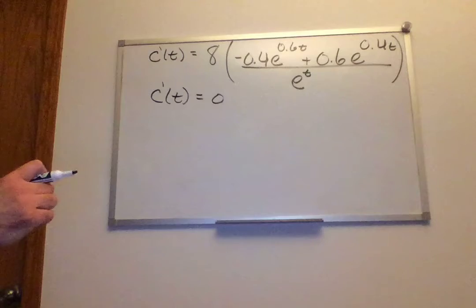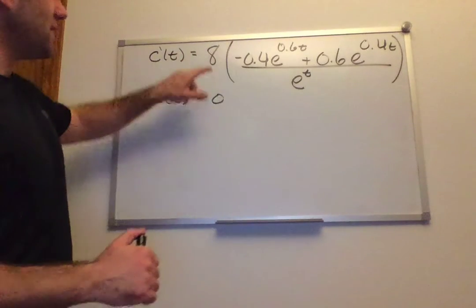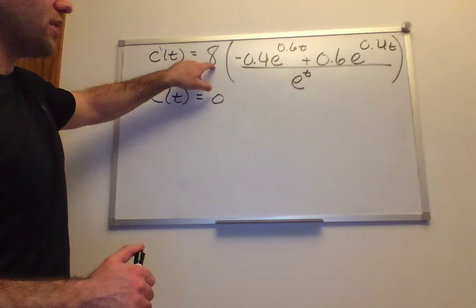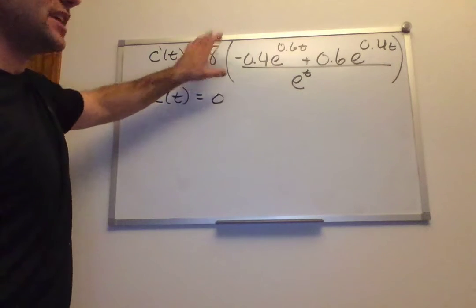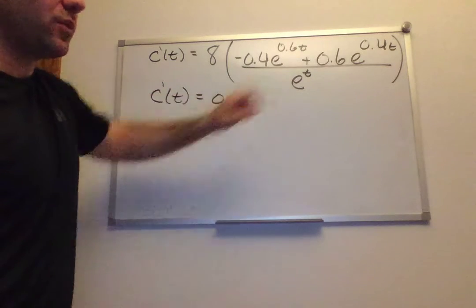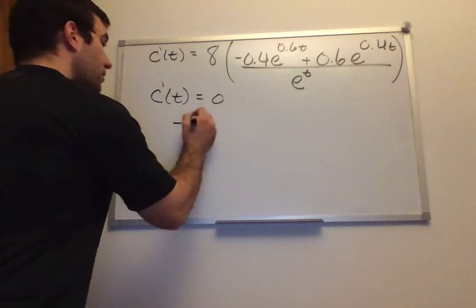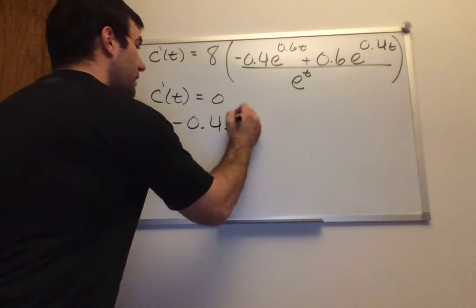C prime of t is equal to 0. Now, since we're setting this whole thing equal to 0, we can divide out the 8. We don't have to worry about that. Not only that, it's a rational function. The denominator can never be 0, so we don't have to worry about that. All we have to do is set the numerator equal to 0.